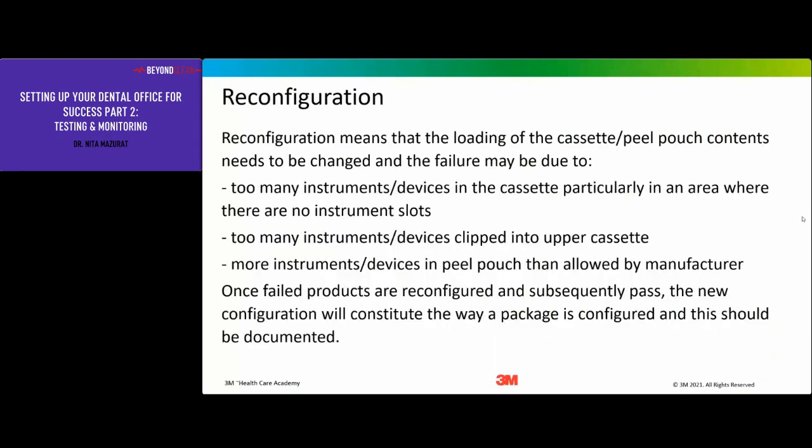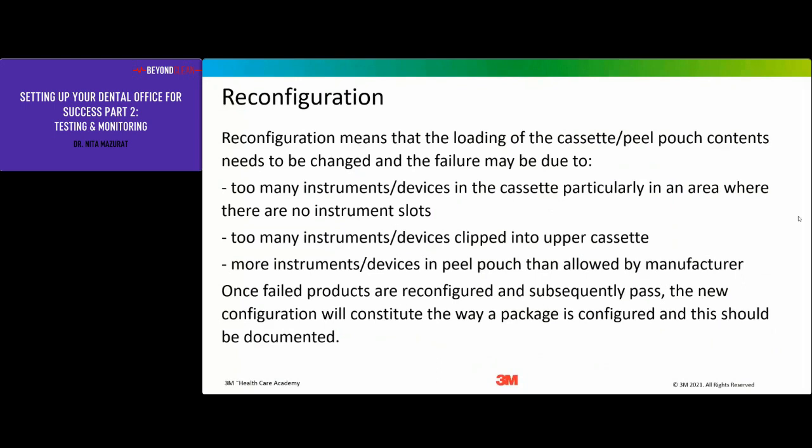Reconfiguration means that the loading of the cassette or the peel pouch contents needs to be changed. Failure may be due to too many instruments in the cassette, too many instruments clipped into the upper cassette, or more instruments or devices in the peel pouch than allowed by the manufacturer. Once the failed products are reconfigured and subsequently pass, the new configuration will constitute the way a package is configured.